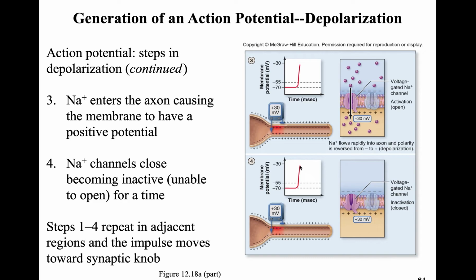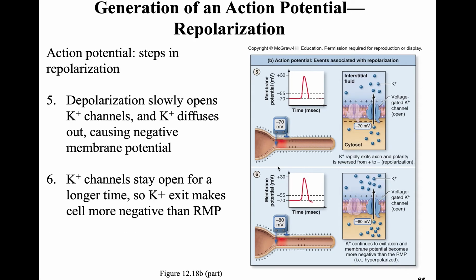Once it reaches this peak, the sodium channels will close, which is what we're going to see on the next slide. So now we see that the sodium channel is grayed out by the author. So the sodium channel has closed, because now it's grayed out, closed. What has to happen now is potassium will leave. So potassium will leave.